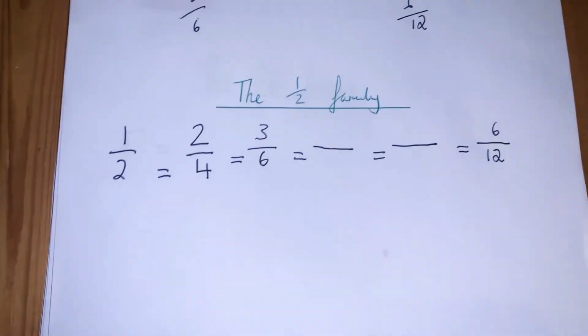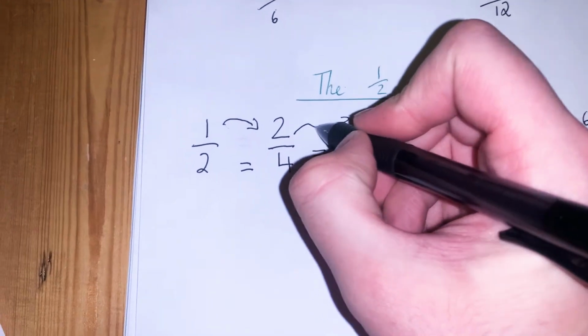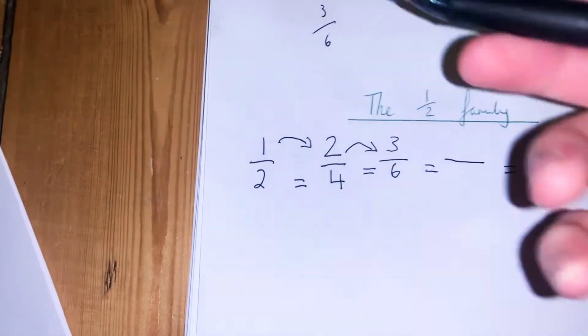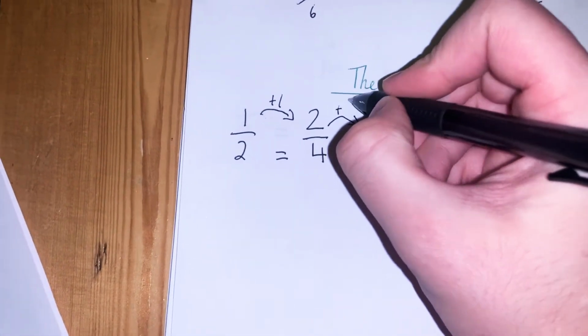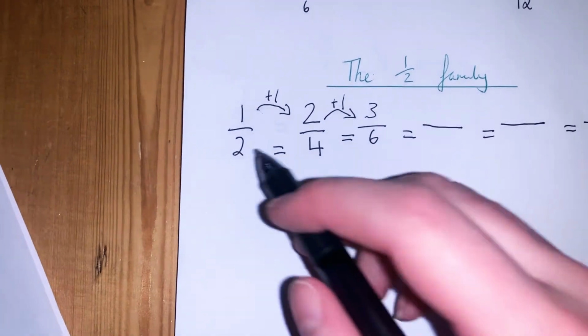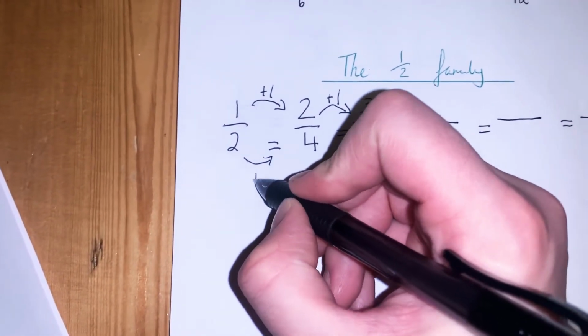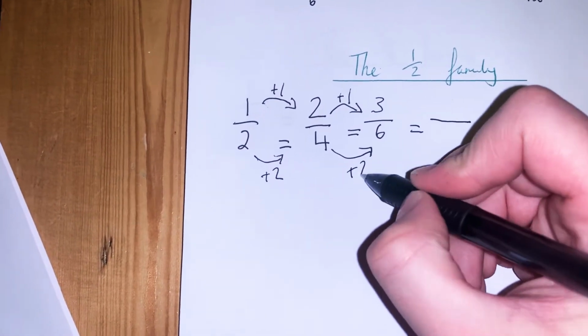Now, if you notice the pattern, okay, from 1 to 2, we have to add 1. From 2 to 3, also add 1. And at the bottom, to get from 2 to 4, we added 2. And to get from 4 to 6, we added 2.